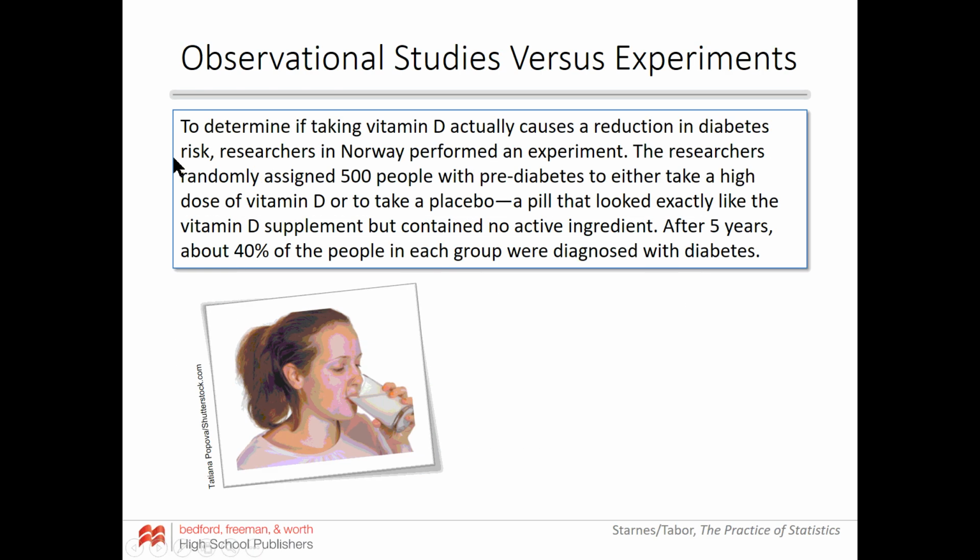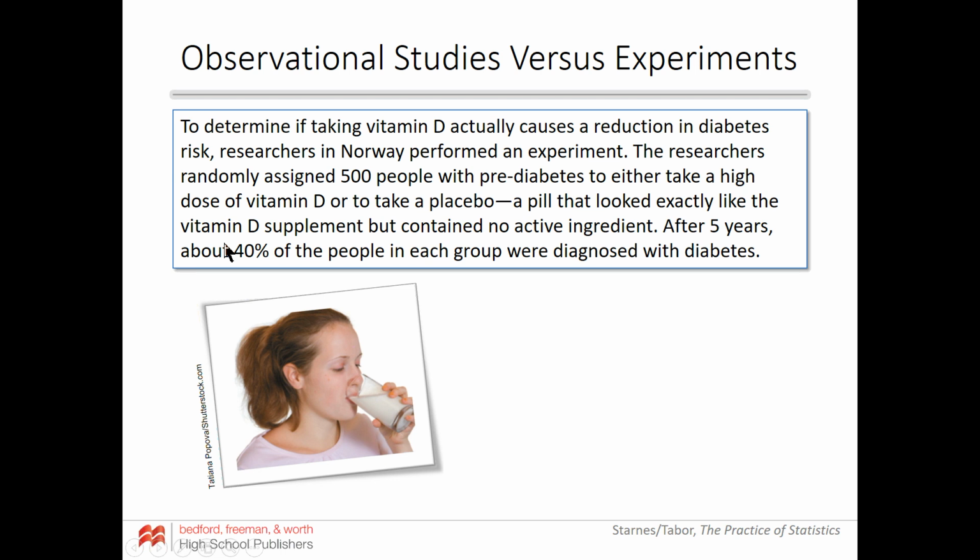So to determine if taking vitamin D actually causes a reduction in diabetes, researchers in Norway performed an experiment. So the researchers randomly assigned 500 people with prediabetes to either take high dose of vitamin D or a placebo. A placebo is a pill that looked exactly like the vitamin D supplement but contains no active ingredient.